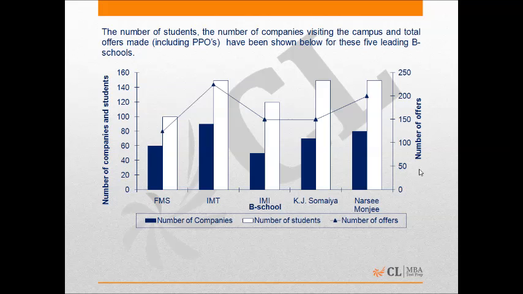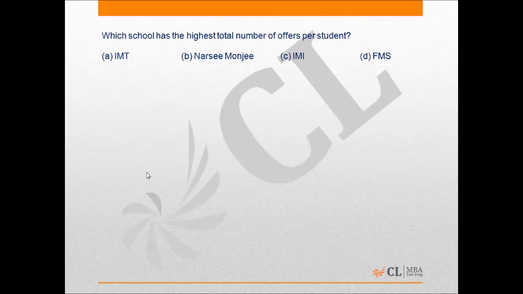Now, based upon what has been given here, let us first try and construct a table. Let us do that in the next page, it will be easier. So first we have a B school, then the number of companies, then the number of students, then the number of offers.